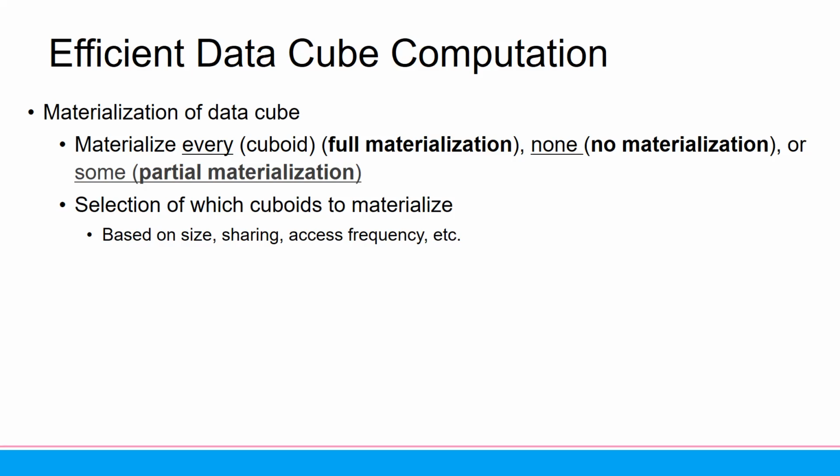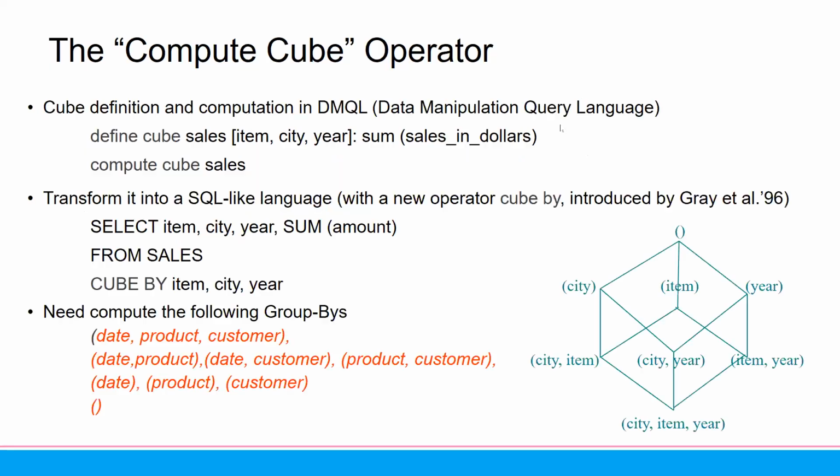The selection of which cuboids to materialize is based on the size, sharing, access frequency, and so on. We can also use operators like SQL in order to fit the data cube and the database.